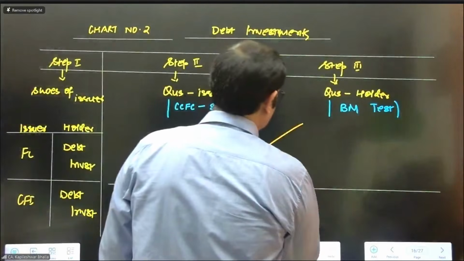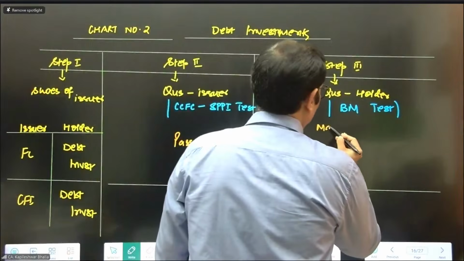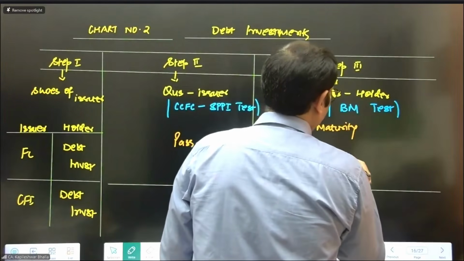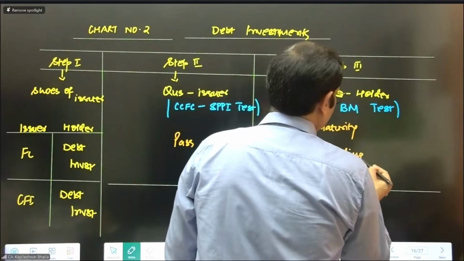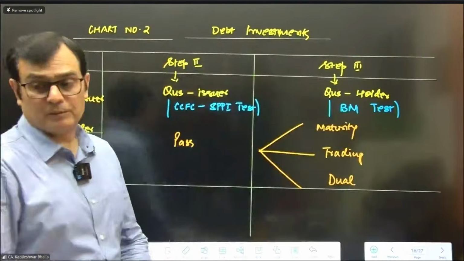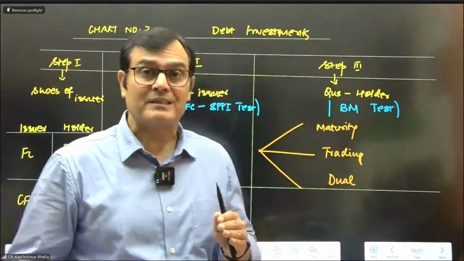Now, there are three kinds of business model we can confront. Either we are planning to keep the investment till maturity, or we are planning to do trading, or we've got a dual objective of either keeping it till maturity or trading. It can be a mixed objective as well.